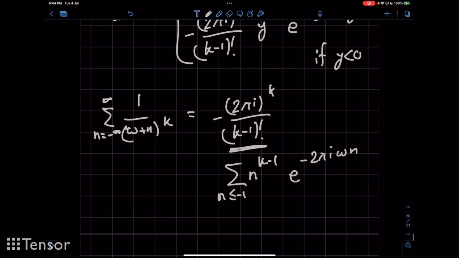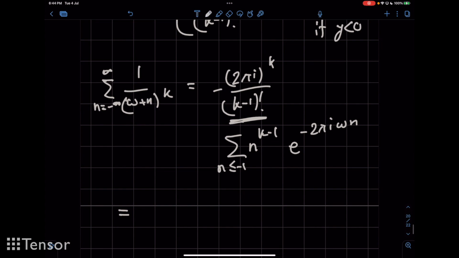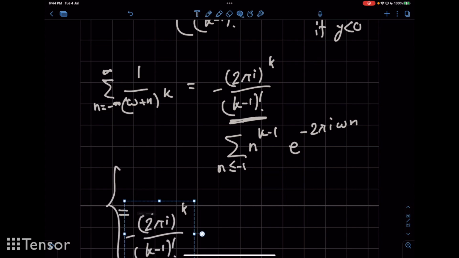Right. Now if we change n to negative n, then we get that this is again another sum. I think I've copied the image, right? Yeah.